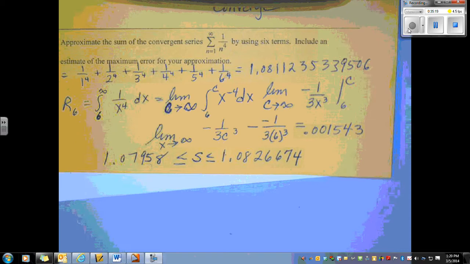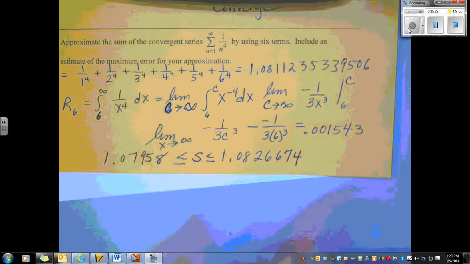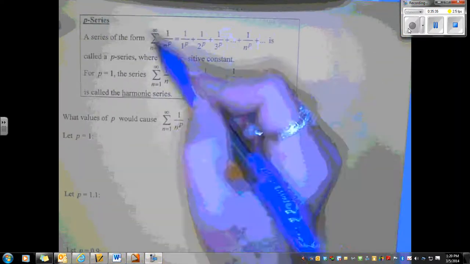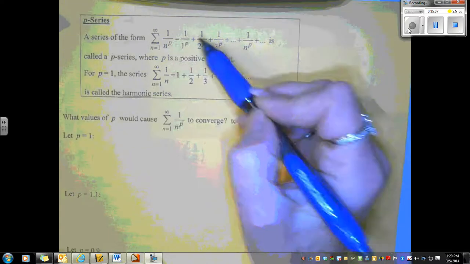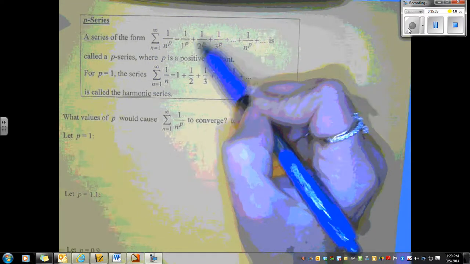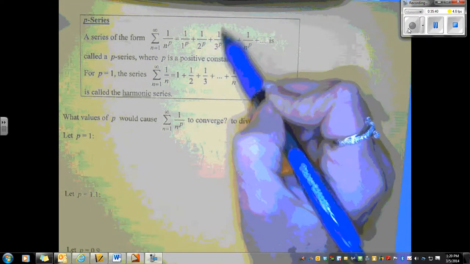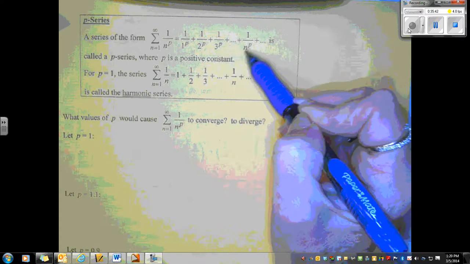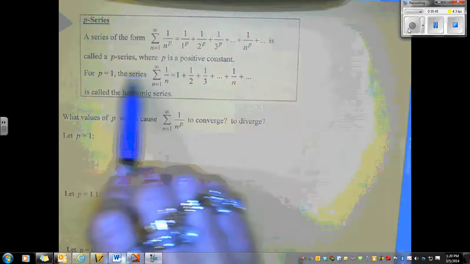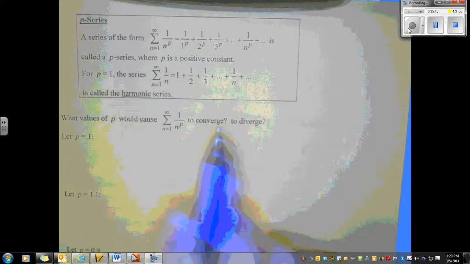A series of the form the sum from n equals 1 to infinity of 1 over n to the p equals 1 over 1 to the p plus 1 over 2 to the p plus 1 over 3 to the p, and so on, is called a p-series where p is a positive constant.